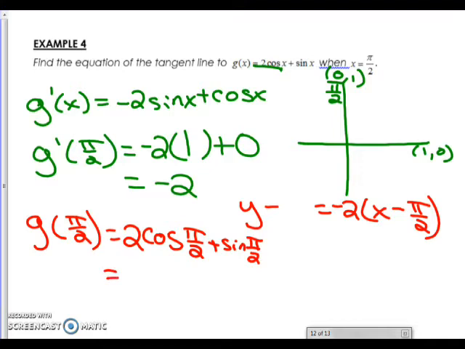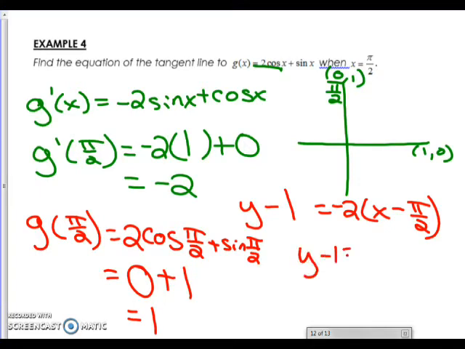So cosine of pi over 2 is 0, so that means this will be a 0 there. Plus the sine of pi over 2 is 1, so I'm going to get a 1. And then I can take that 1 and plug it into the point slope formula over there. There's your safe stop if it is a short answer. But if it is not a short answer, here, I'll write it out.